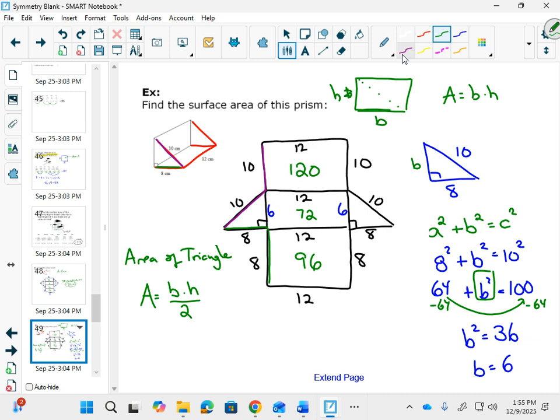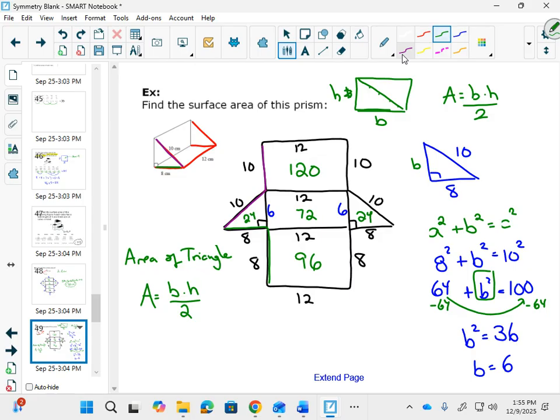Do you see a rectangle is really just 2 triangles exactly the same glued together? So the formula for a triangle says, well, if I only want half of it, I cut it in 2. And so now my base is 8, my height is 6, base times height divided by 2. This would be 24, this would be 24.